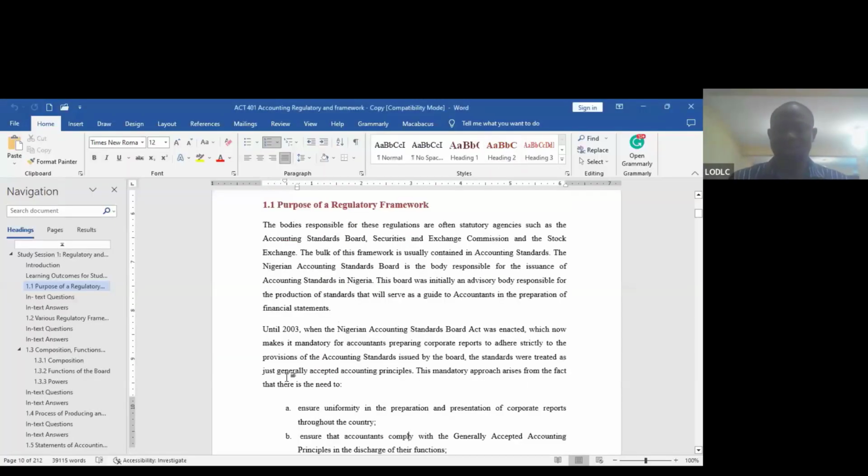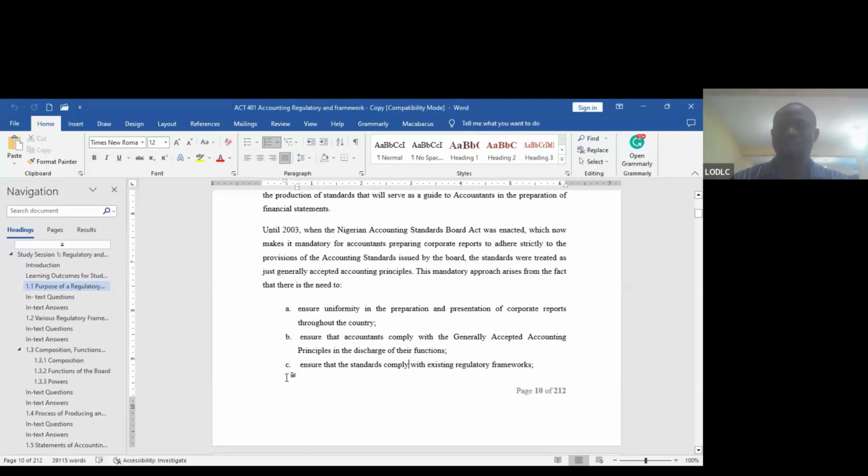The first one says, ensure uniformity in the preparation and presentation of corporate reports throughout the country. You know, I said something about harmonization. I said the main reason why we have international accounting standard setting bodies is to ensure uniformity in preparation and presentation of financial reports.